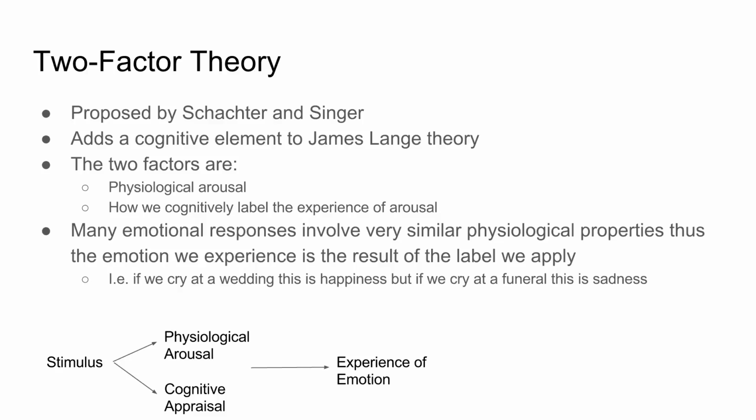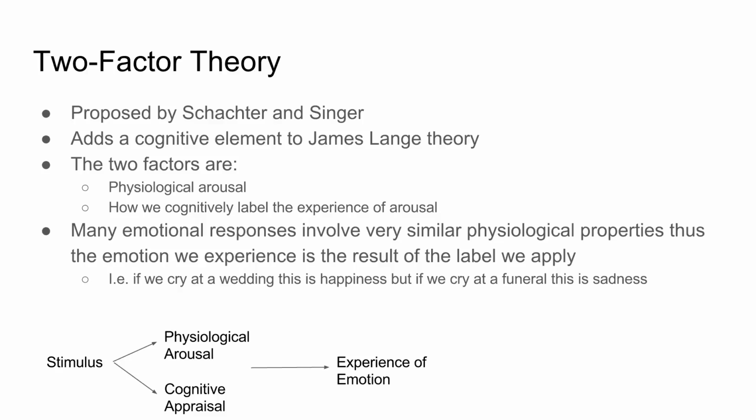So how we, in our mind, interpret that. And we know this because, again, if we look at the James-Lange Theory, as we talked about why it's discredited, many emotional responses have similar physiological properties, but the emotion that we experience is the result of the label we apply.